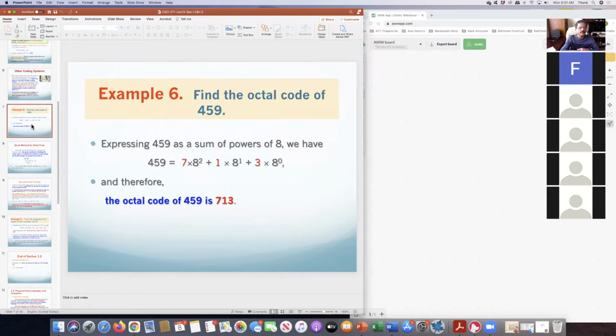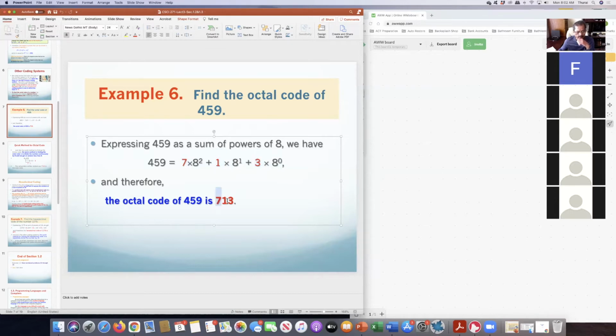Yeah, this example. So you can do this manual, long process of expressing 459 as a sum of powers of 8, then the coefficients of the powers, 7, 1, 3, will be the code.